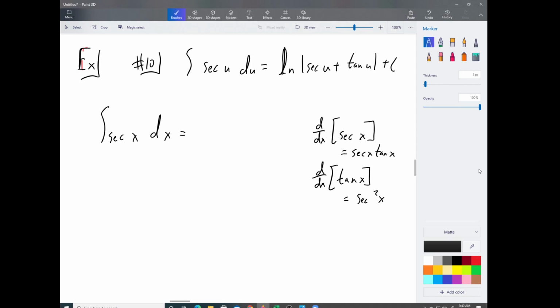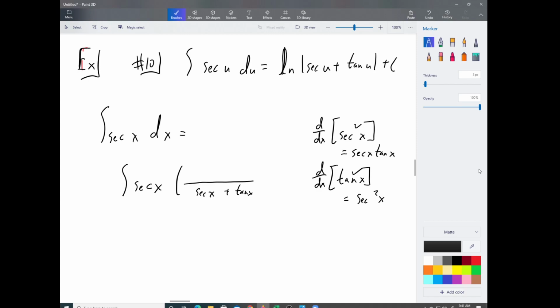So, the trick that will get us through is if we multiply our secant by a special form of the number 1. Remember that legally, that's really all we can ever do is multiply by the number 1. And we're going to pick on purpose the combination of these two to define our number 1.